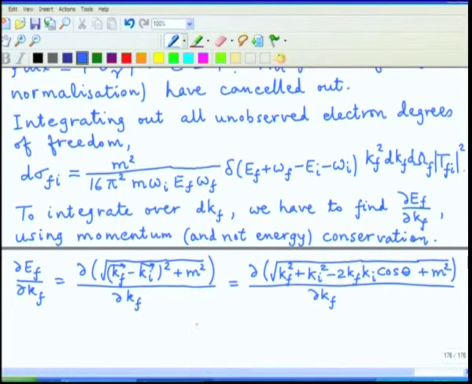And so, now the derivative is calculated in a rather straightforward manner. The square root goes one power less, so it becomes in the denominator, and that value is nothing but E_f. So, taking care of all the factors of half etcetera, we have an E_f in the denominator, and the derivative of the numerator inside the square root now gives k_f minus k_i cos theta.